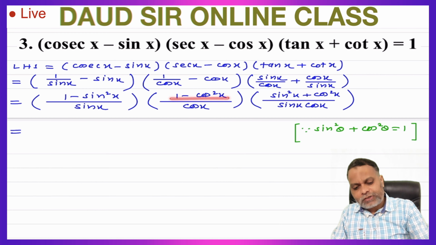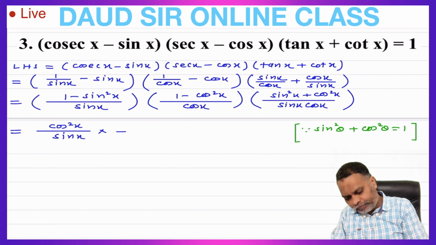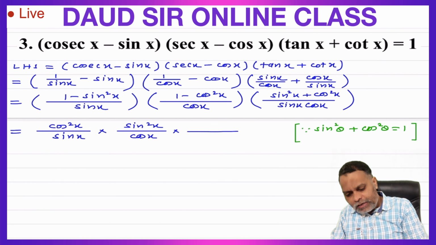Here 1 minus cos square x, shift this cos square x this side, so 1 minus cos square x can be written sin square x. So change all this: cos square x upon sin x into sin square x upon cos x into 1 upon sin x into cos x.